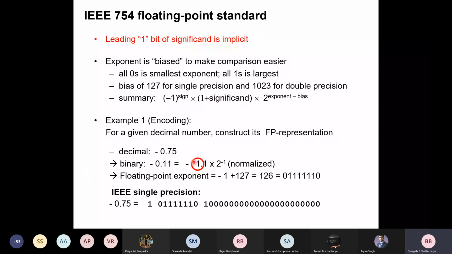And as you see, the leading 1 bit is never represented here explicitly. It is implicit or hidden. So that allows me to have 1 more bit out of this 32, so that I can use it either here or in the exponent field.